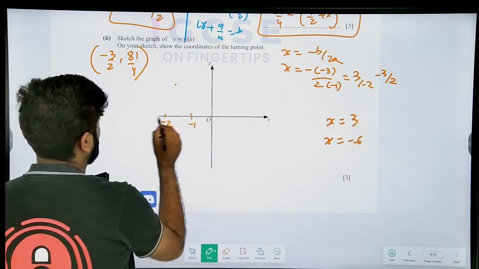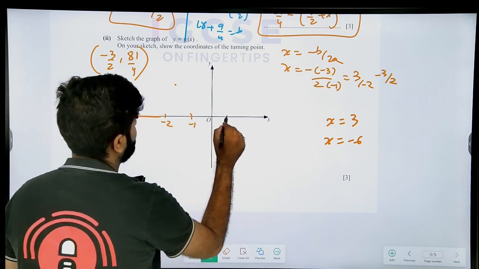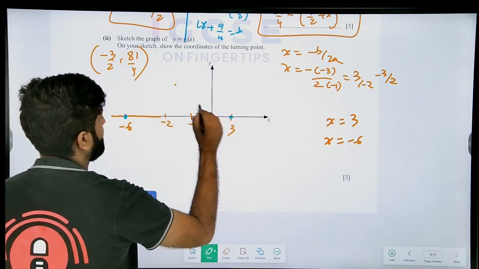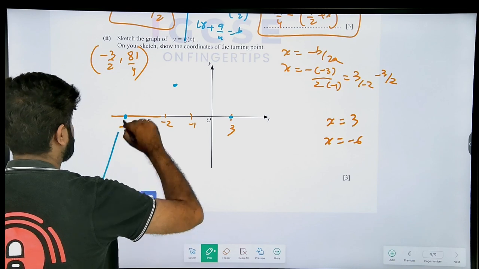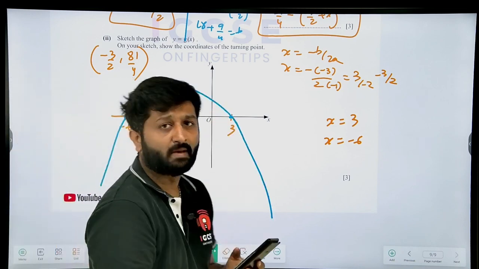So I'll have to extend this line. Let's say this is my negative 6 and this is my 3. So from these, this is my first point, this is my second point, and this is my third point. So from these 3 points, I'll draw a U-shaped parabola.